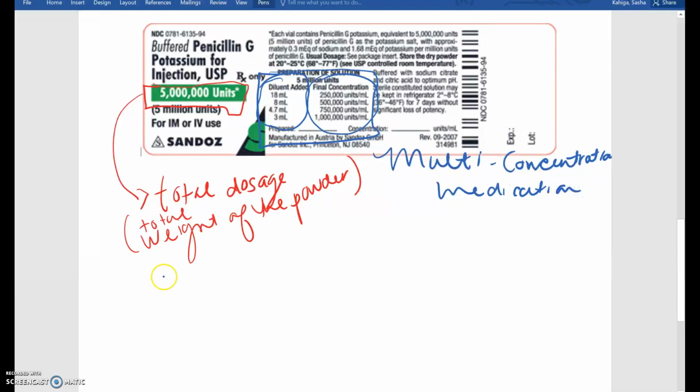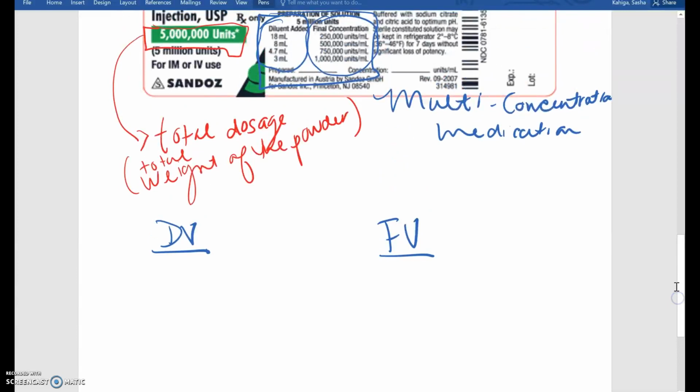So if I ask you what the diluent volume and the final volume is for this label, what you would tell me is that for diluent volume 18 milliliters, meaning that if you add 18 milliliters to the total weight of 5 million units, it gives you a dosage concentration of 250,000 units per milliliter.